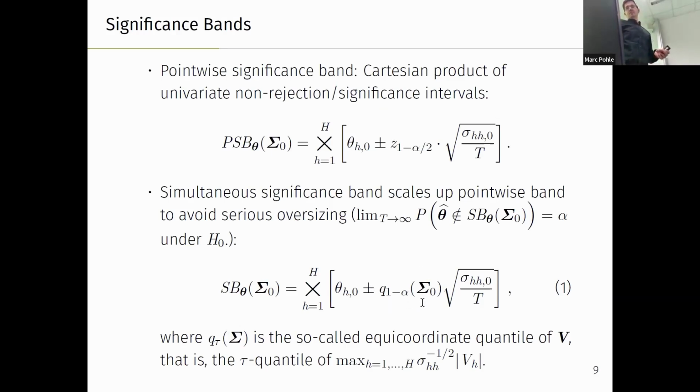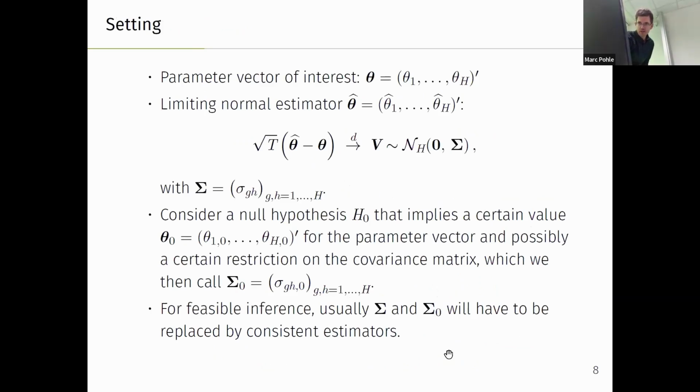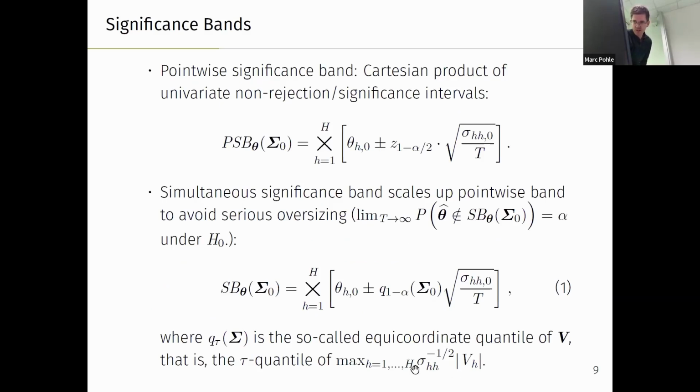And it's quite straightforward to calculate this. This is the so-called equi-coordinate quantile, the tau quantile of the maximum of these values, the maximum of values from this limiting distribution normalized by the standard deviation.